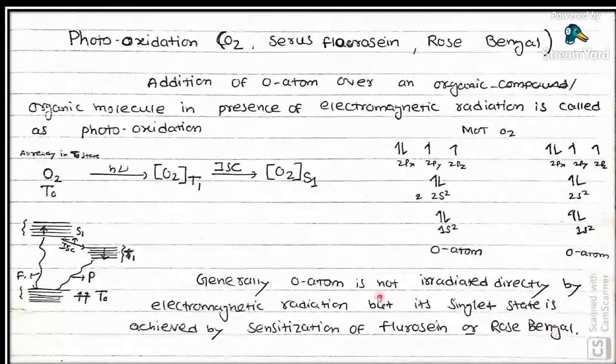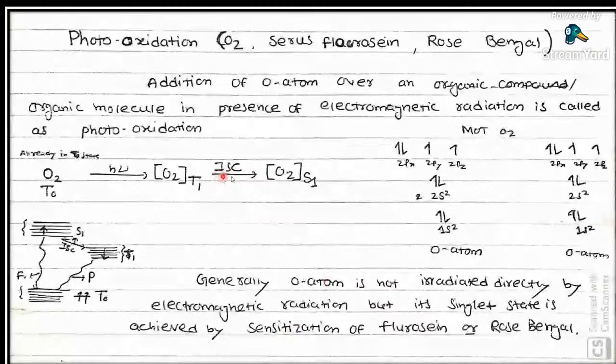Oxygen atom is not irradiated directly by electromagnetic radiation. Means this is not possible directly by the irradiation of the electromagnetic radiation, but its singlet state is achieved by sensitization of fluorescein or rose bengal.